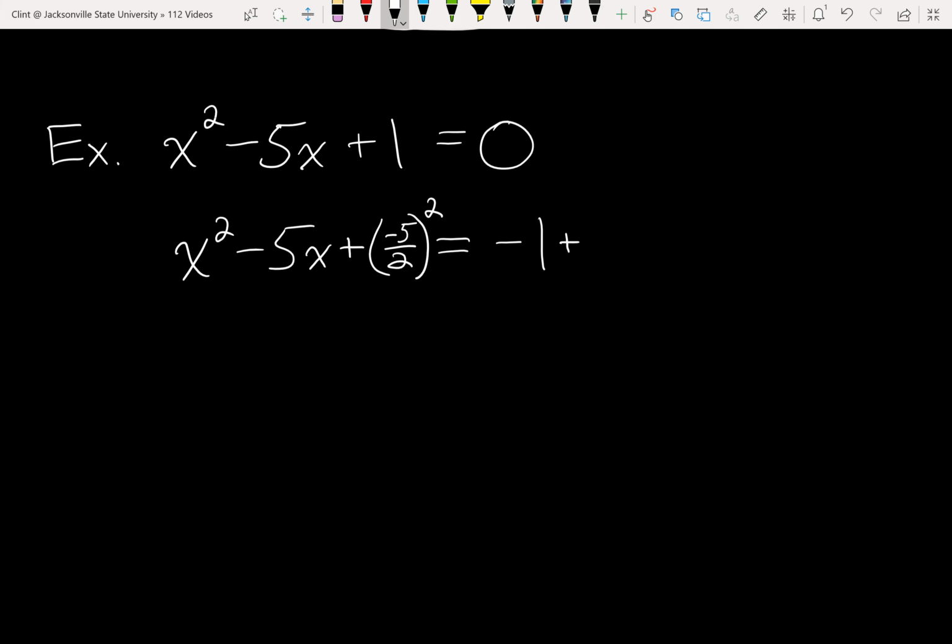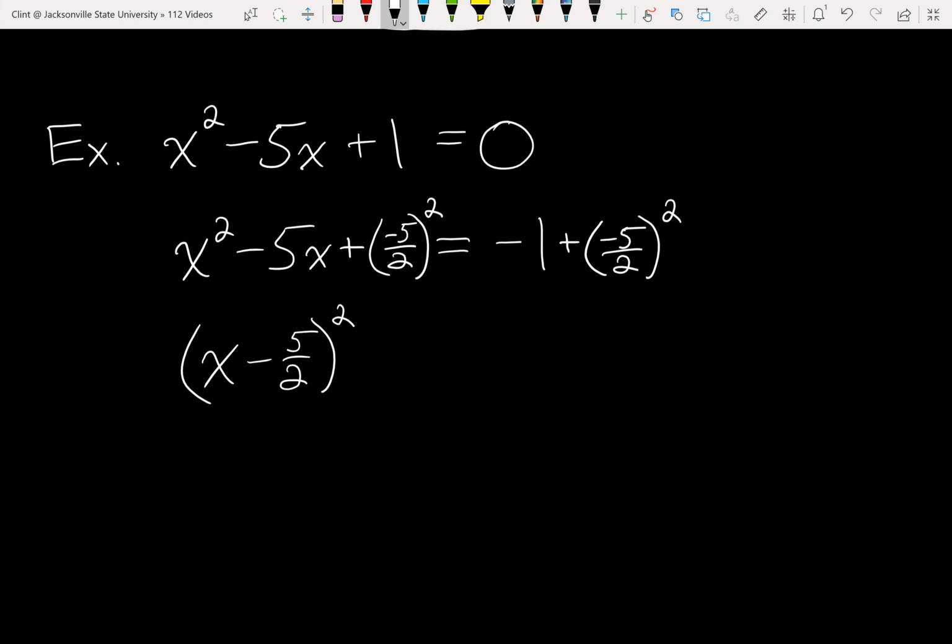Add that squared to both sides. Still factors really easy: x and then we had negative 5 over 2 squared, so minus 5 over 2, squared.